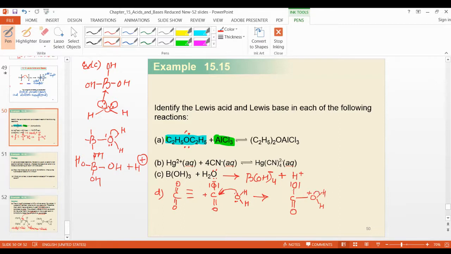So if you want to remove this plus, this will react with this, so you can also get like this. Anyway, so these are the examples, right?